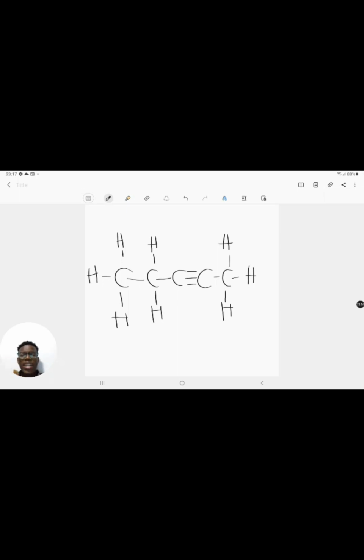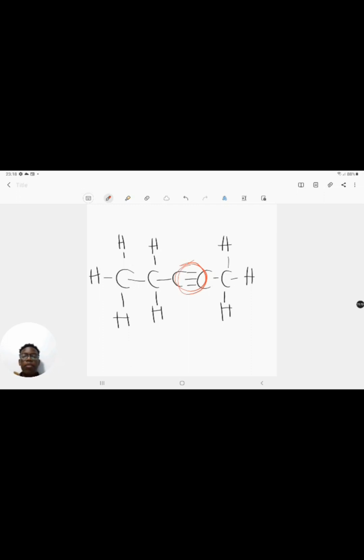Okay, so now how do we name? What is the name of this compound? Same exact rules. It looks a bit more complicated. It's not. Let's first establish what the surname is. The surname, remember, is related to the number of bonds between adjacent carbon atoms. The maximum number of bonds that I have between any 2 adjacent atoms is 3.